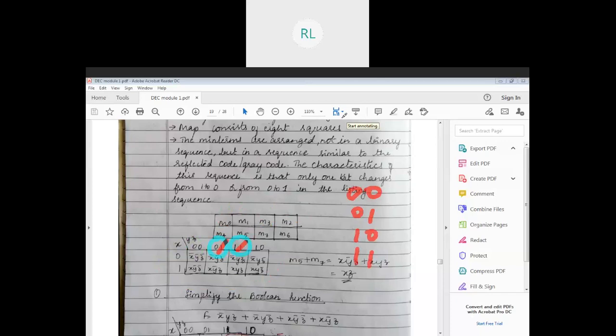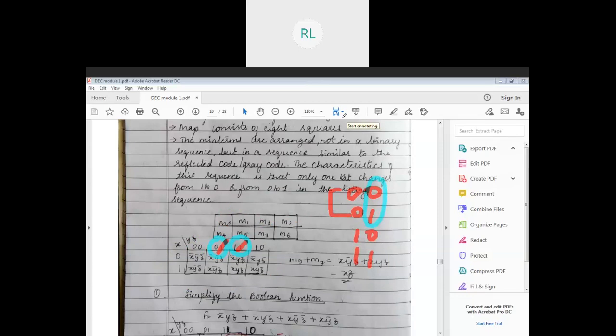So normally we have 0, 0, 0, 1, 1, 0, and then 1, 1. This is our normal truth table. If I go ahead with these two options, there is going to be one bit difference.